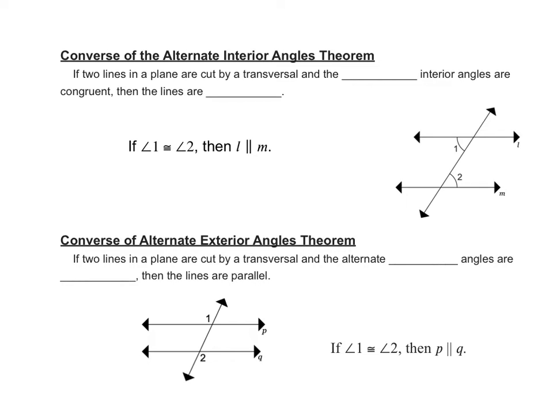So if my alternate interior angles are congruent, then those lines are going to be parallel. Therefore, if angle 1 is congruent to angle 2, then line L and line M are going to be parallel.